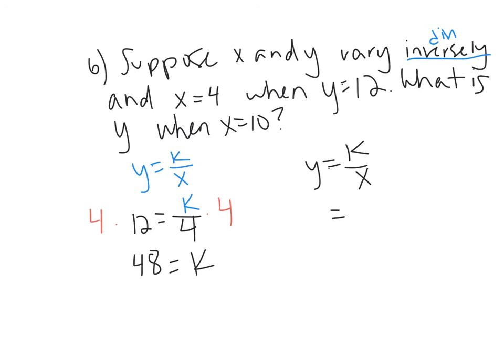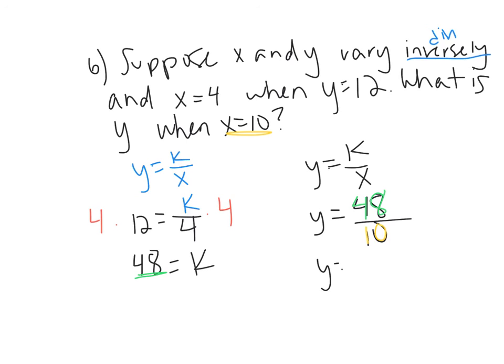So I'm going to plug in my k value of 48, divided by 10, since x equals 10. And I'm looking for y. So what is 48 divided by 10?